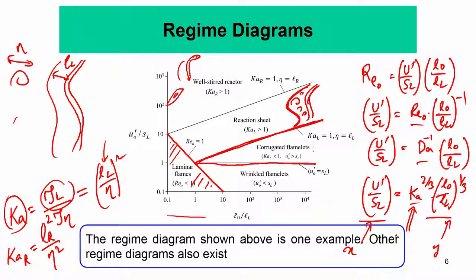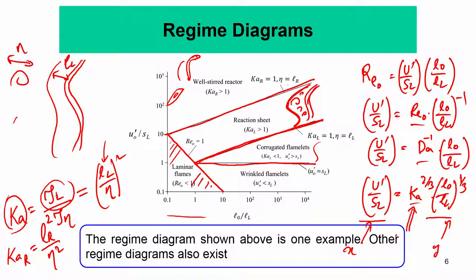But mainly in this regime, the turbulence is also weakened because the Karlovitz number is small, less than 1, and it belongs to the corrugated flamelets regime, whereas this reaction sheet limit, which is also called the thin reaction zone regime, is actually a very important regime for practical purposes.